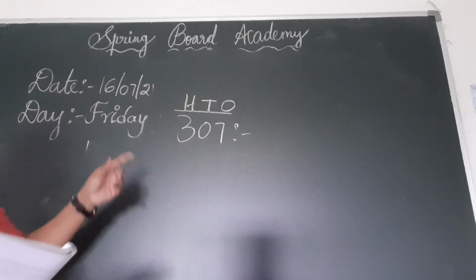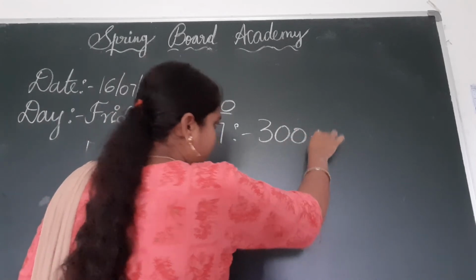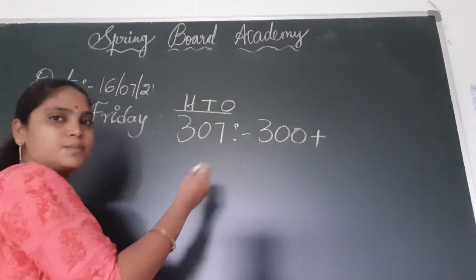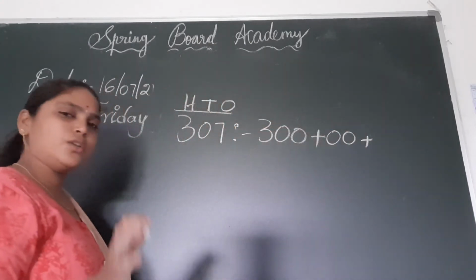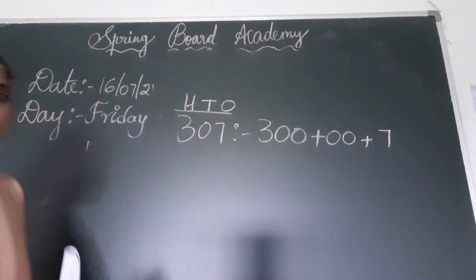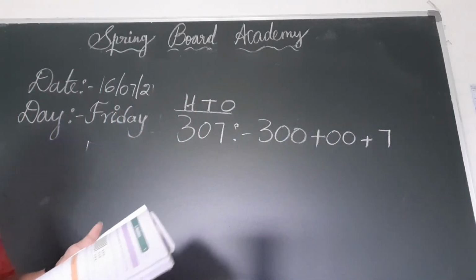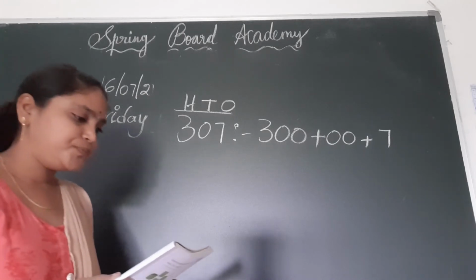The 3 is in the hundreds place, so 300 plus, in the tens place 0 is there. You can write 0 or not write 0, both are okay. And 7. So 300 plus 7. This is the expanded form. Like that you have to write the expanded form of 532.